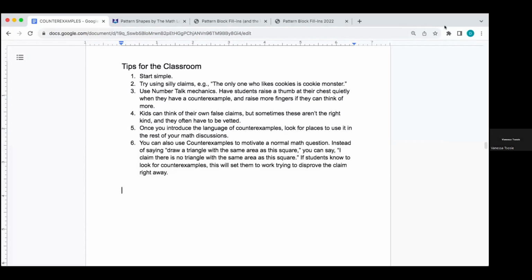So we were just going over properties of multiplication, and I noticed that they were struggling with the associative and distributive properties because of the parentheses. So I was thinking of just showing them something that is not, let's say, for example, the associative property.